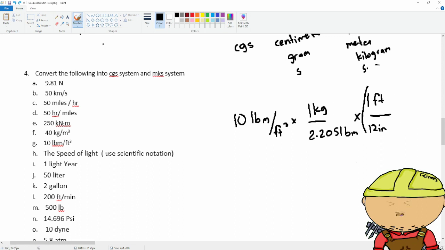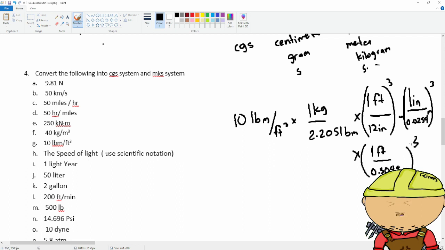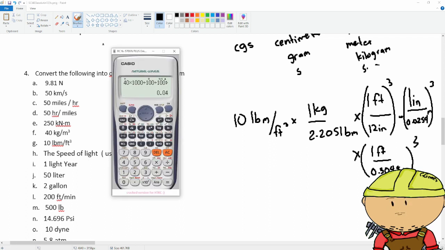Then 1 inch is 0.0254 meter cubed, and it's the same as 1 feet is equal to 0.3048 meter cubed. I believe it's the same: 12 times 0.0254, yes, it's 0.3048.